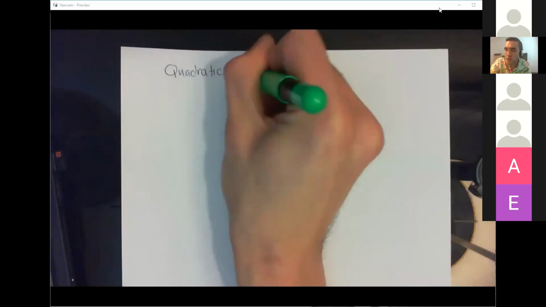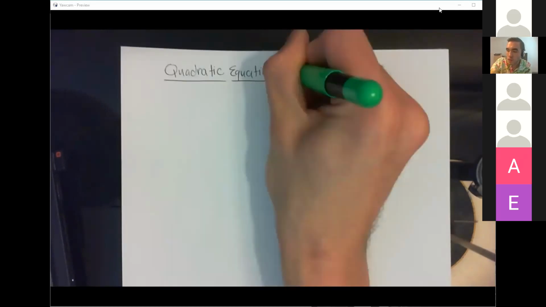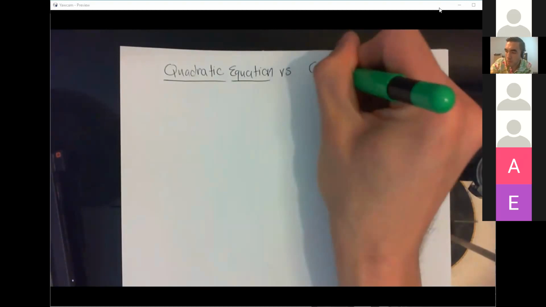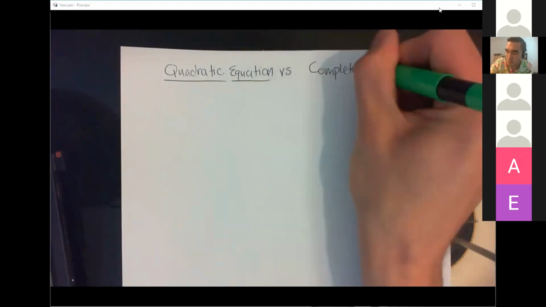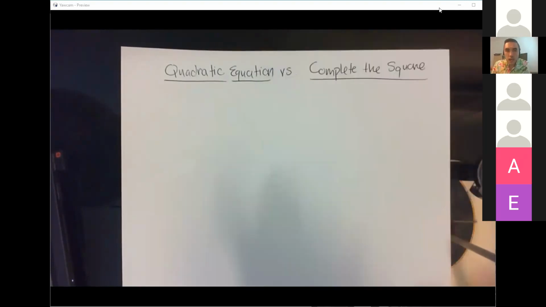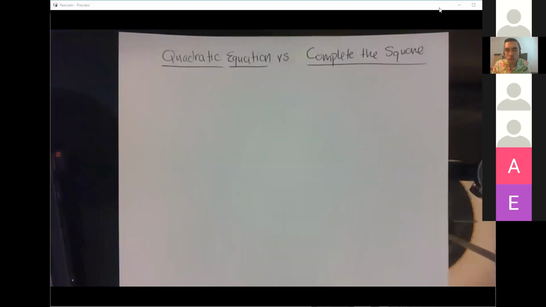Just because I don't want y'all to be completely rusty when you get to Algebra 2 next year, versus the technique of completing the square. And to show y'all the reason why I think completing the square is cool, I'm just going to use that same quadratic that we just solved, just because we already know what its answer is, right?